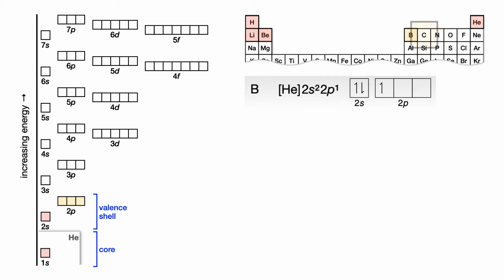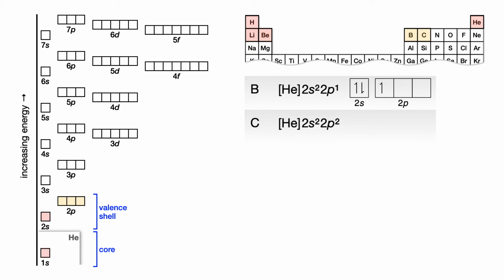So moving along to carbon, carbon sort of continues the story. The next electron that pops in is going to also go into the 2p sublevel. So the configuration for carbon will be helium core, 2s2, 2p2.